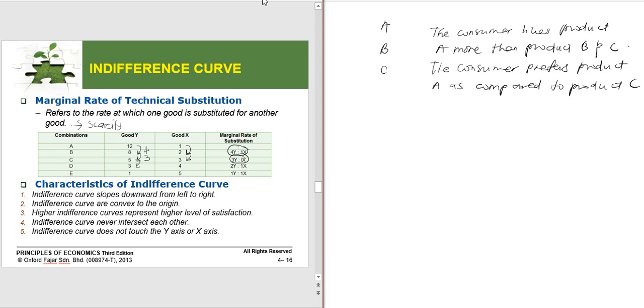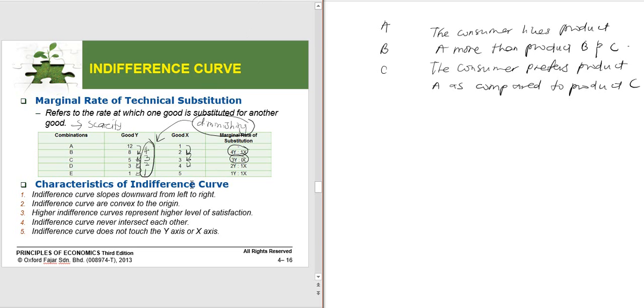Then if you want to add another unit of good X, you have to reduce 2 and then 1 unit of good Y. So you can see that the units of good Y that you have to let go is decreasing. That is what we mean by the diminishing marginal rate of substitution. The opportunity cost when you want to consume more of good X is reducing.